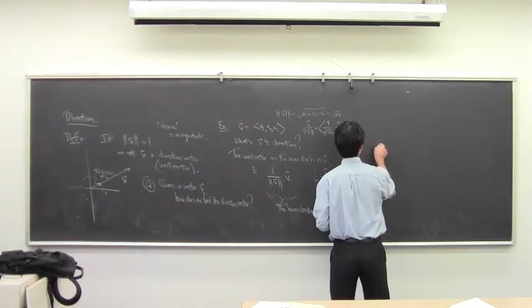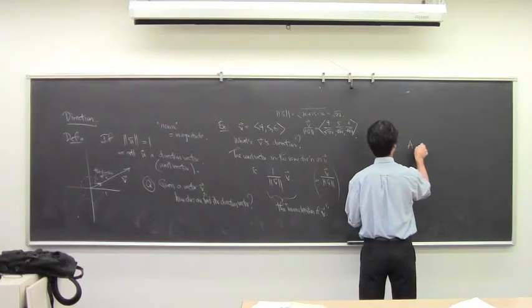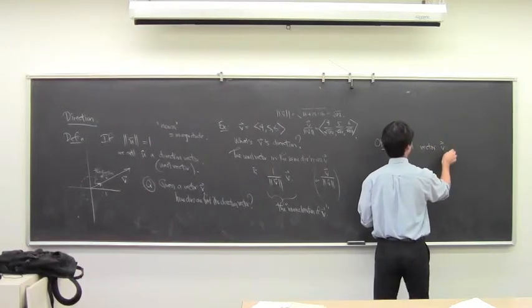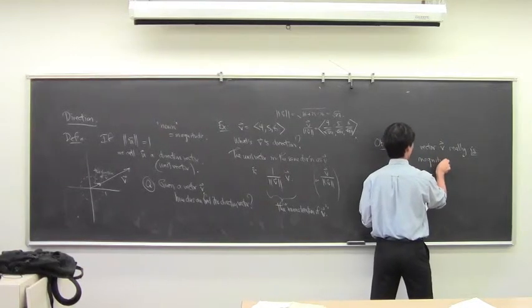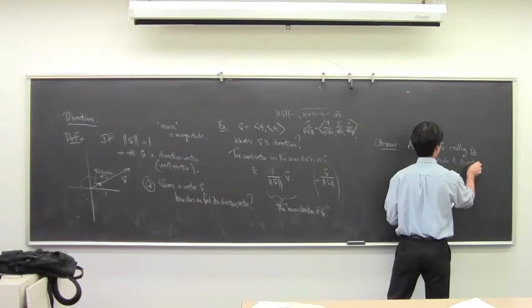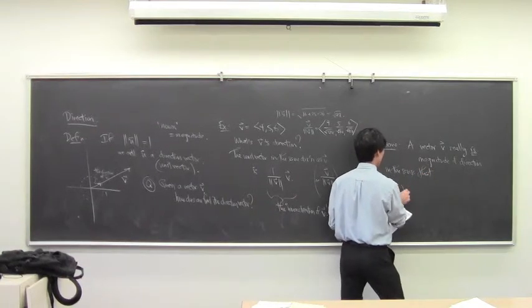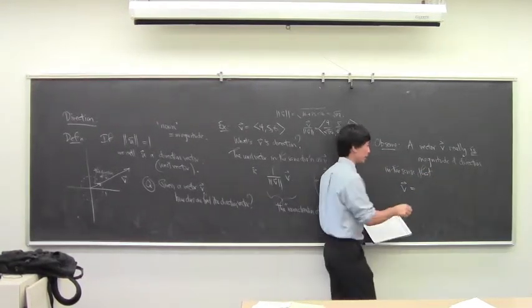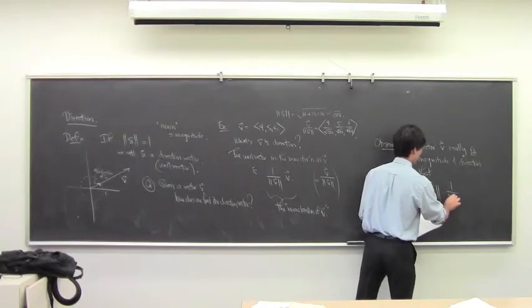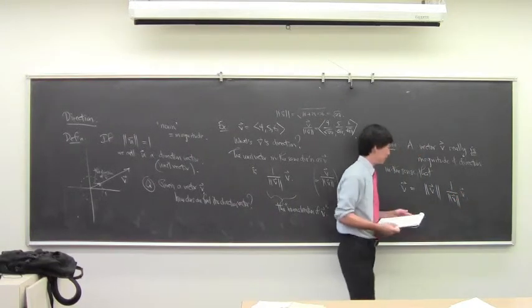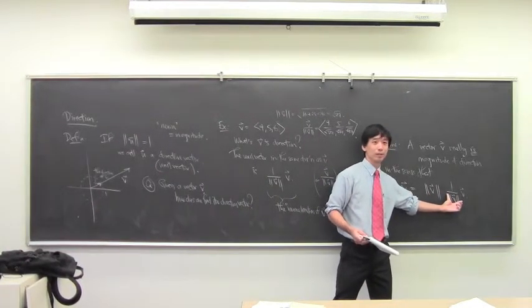Okay, so at this point we make a funny observation: a vector v really is magnitude and direction, in the sense that any non-zero vector could be written as this number times this vector.